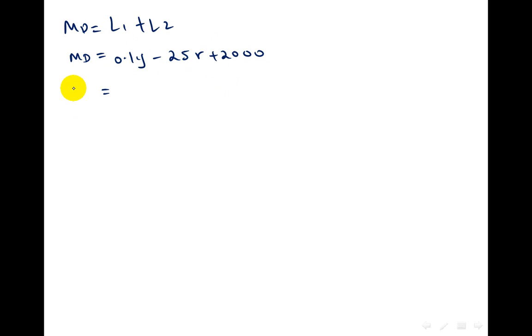Okay, so our MD equals L1 plus L2, which means 0.1y minus 25r plus 2000. This would give you just our MD, and if I make MS equal to MD, our MS is 2375 equals this one.